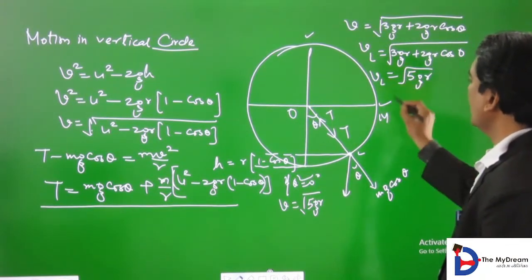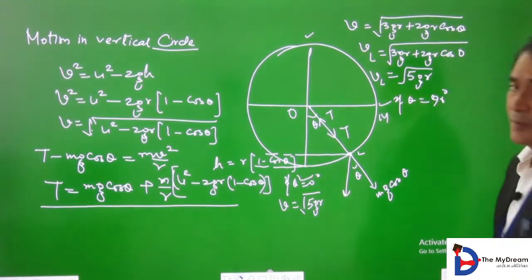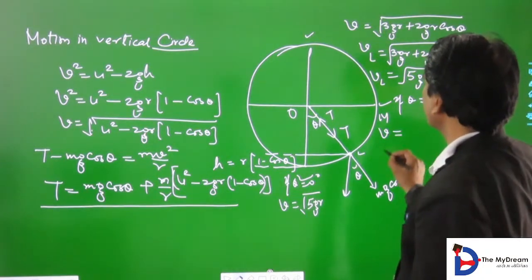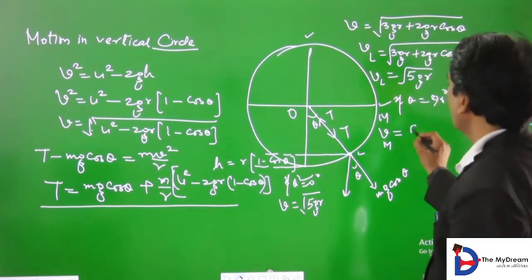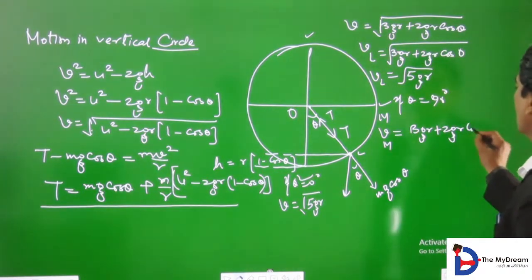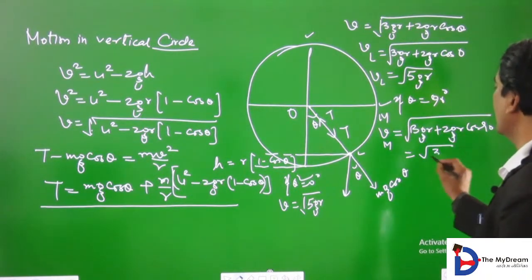Midpoint. If theta is equal to 90 degree, then cos 90 will become 0, under root 3gr plus 2gr cos 90. Cos 90 will become 0, then you will get under root gr times 3.